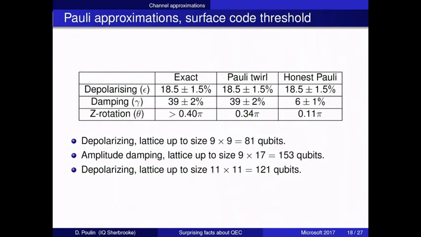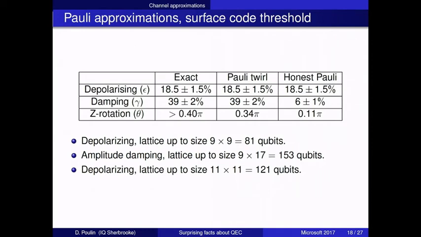So here are results that we obtained. This is for the surface code. These are threshold estimates. As I was saying, you can see fairly big lattices. The biggest one was this 9 by 17. For some noise models, it turns out it's better to have an asymmetric lattice, and this was the case for amplitude damping. The depolarizing channel is a Pauli channel, so of course the threshold remains the same whether you use a Pauli approximation or not.